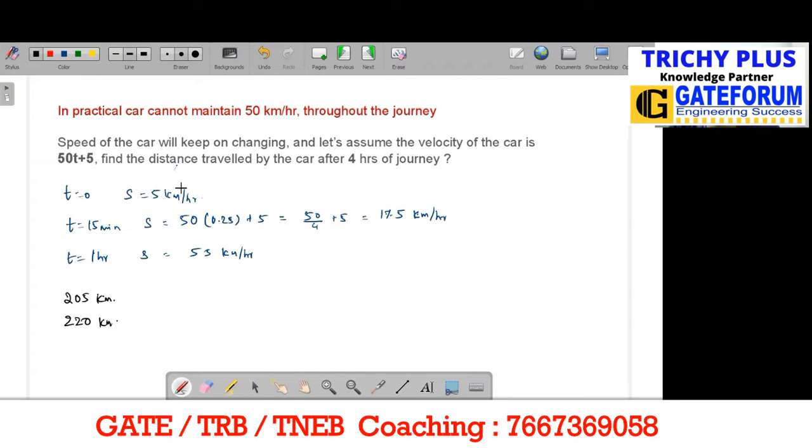But it is somewhat relatable, right? Yeah, sir, this is also not real. Okay, just for example. If this is a condition, I am asking what is the distance traveled by the car after 4 hours.